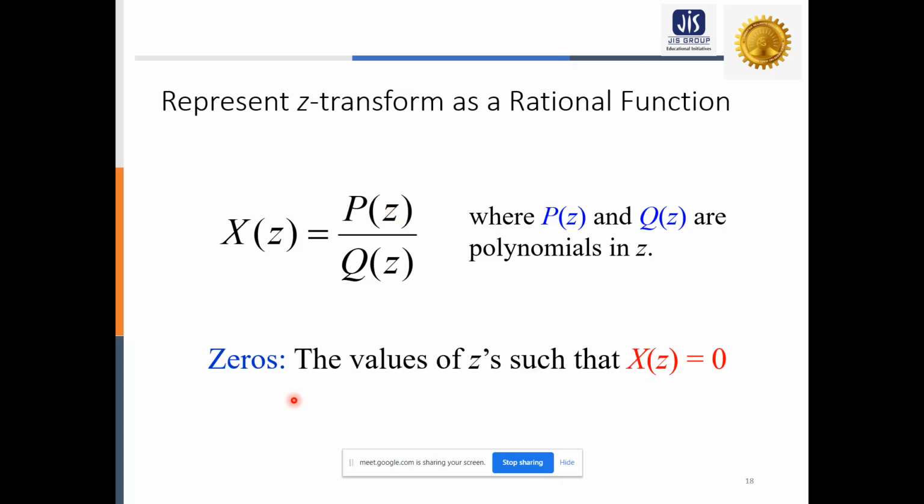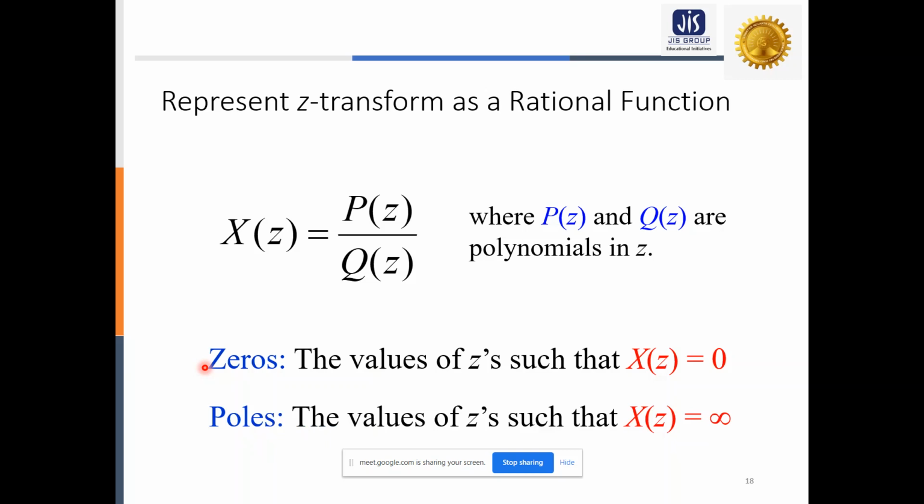Then for this case, what is a zero? Zeros are the values of z such that X(z) is equal to 0. And what are the poles? Poles are the values of z such that X(z) is infinite.